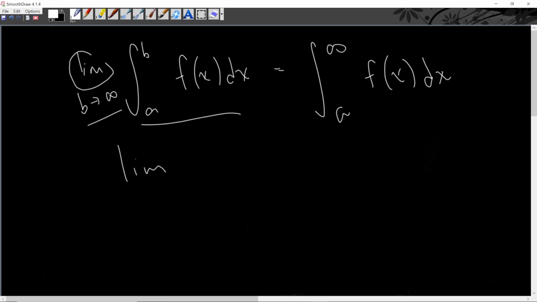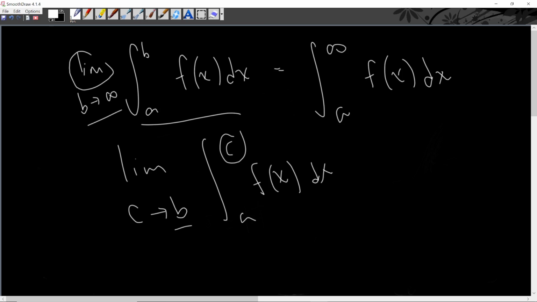So if you have the limit as c approaches b of the integral from a to c of f of x dx, and you could swap a and b and c, but it doesn't matter as long as you know that if one of the endpoints is approaching another value, if the endpoint is changing, that's considered improper, because how are you going to calculate the area under the curve, right?